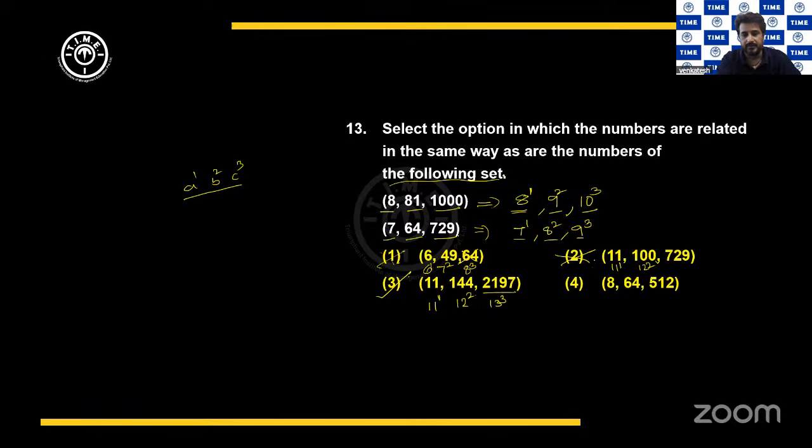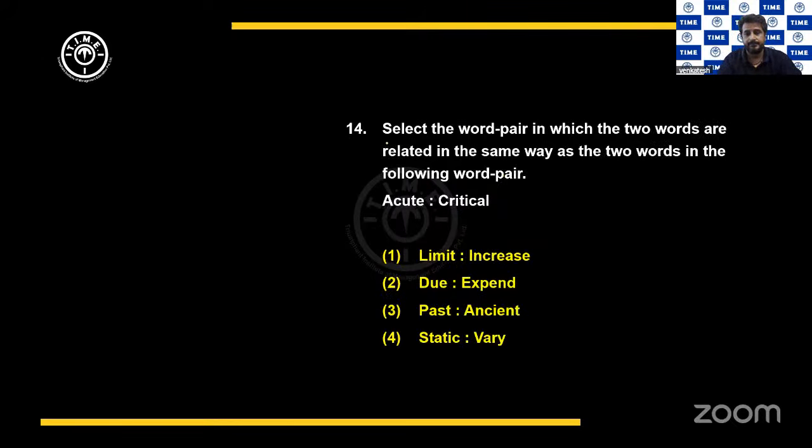Right. Let's see the next question. Select the word pair in which the two words are related in the same way as the two words in the following word pair. What is given here? Acute, critical.